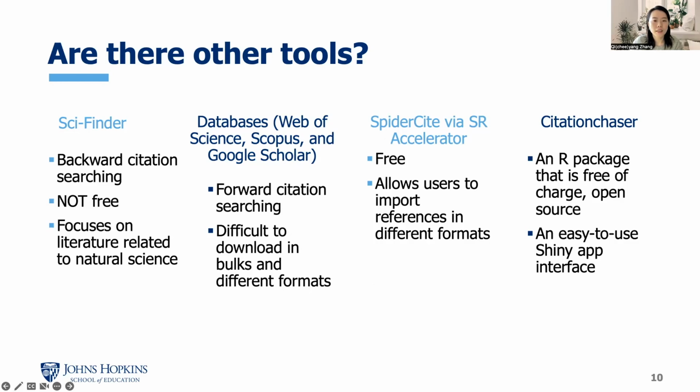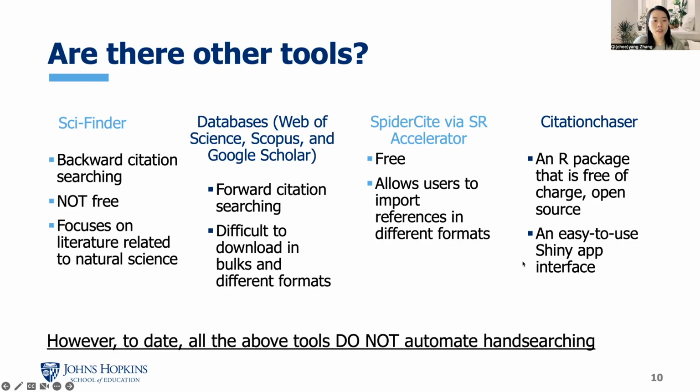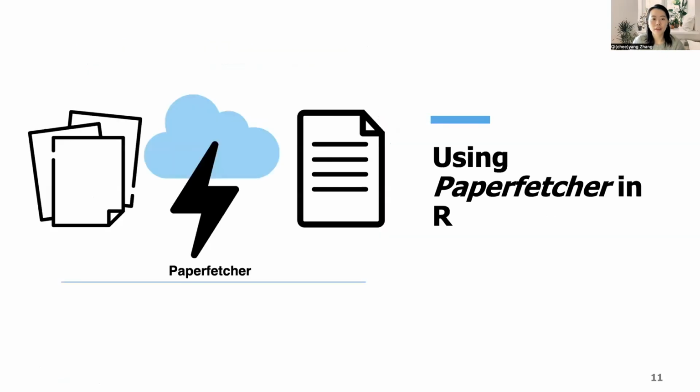SpiderCite and Citation Chaser are free and have better features. However, to date, all the above tools do not automate hand searching, and that is the main reason for us to develop Paperfetcher. Now Akash will introduce Paperfetcher in R.